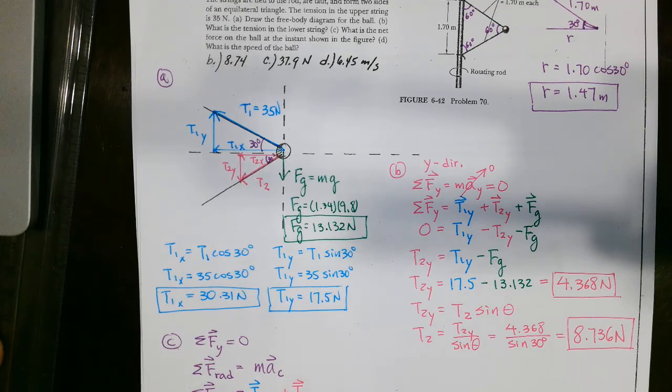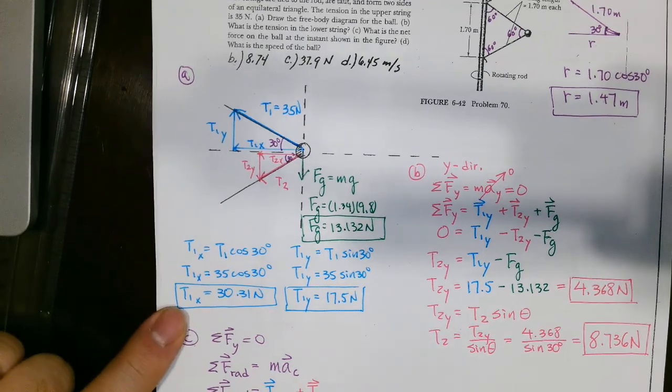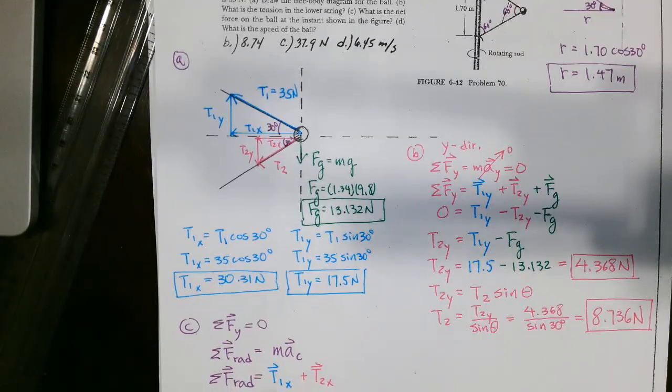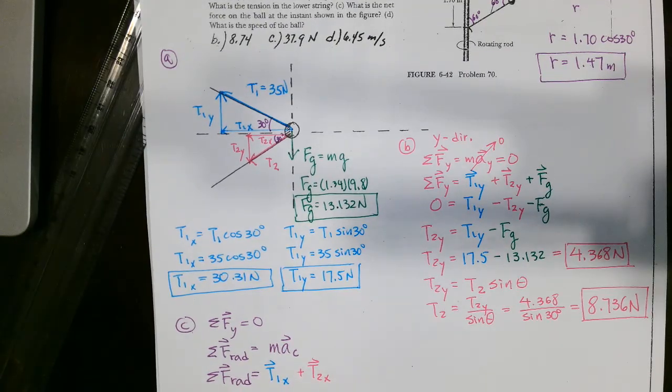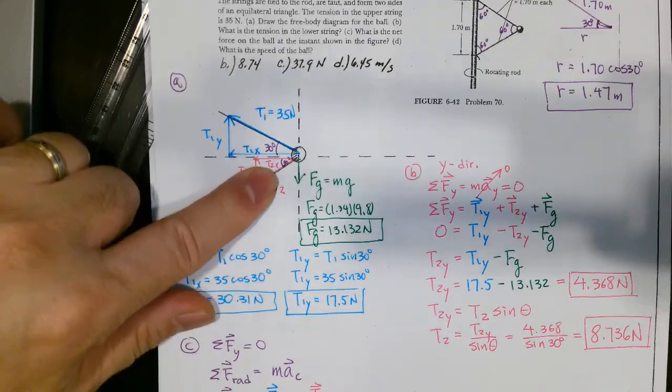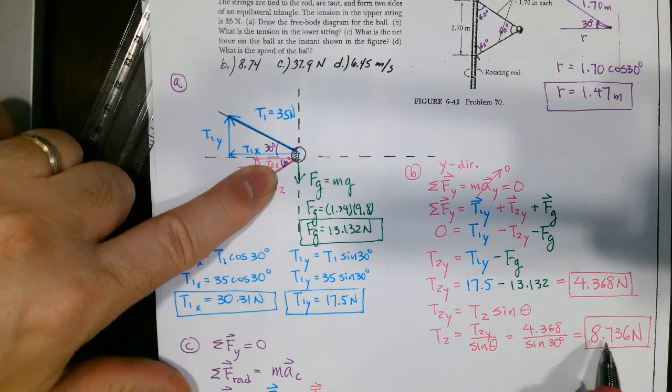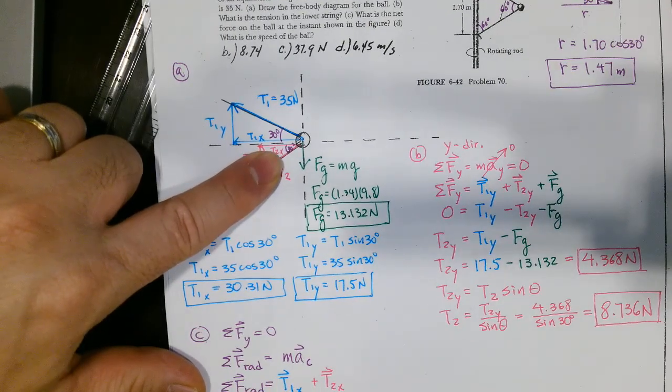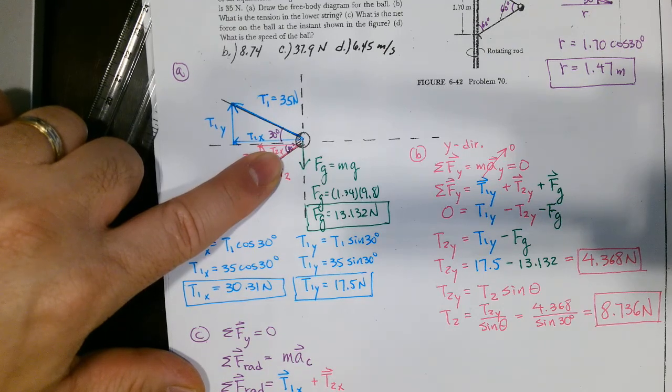We already know what T1x is, and that is 30.31 plus T2x, which is simply T2 times cosine of 30, which is 8.736 times cosine of 30.